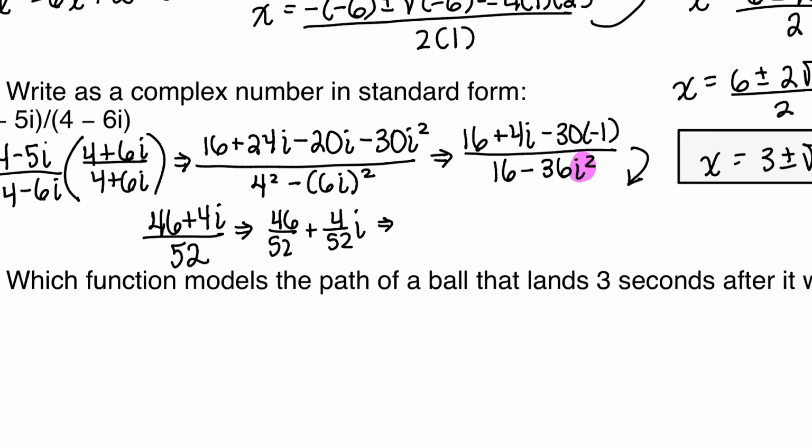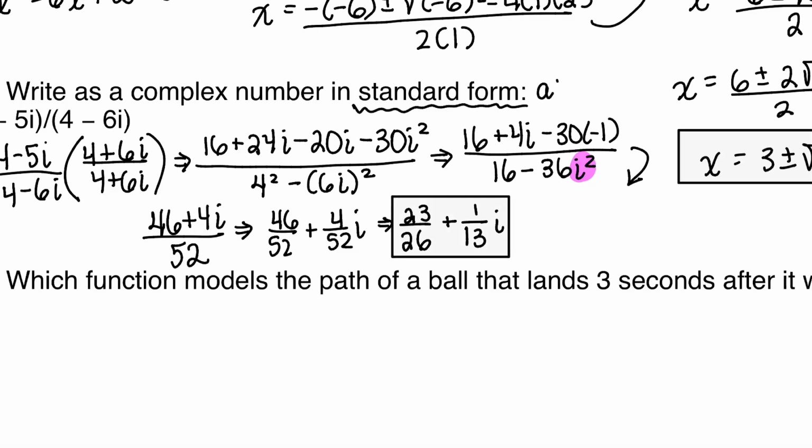And the simplest form of that will be, we can divide 46 over 52 by 2 to get 23 over 26. And then we can divide 4 and 52 both by 4. And that'll be 1 over 13i. Standard form, by the way, of a complex number is just in a plus bi format, and we have accomplished that. This is the real part, this is our b, and then we have our i there.